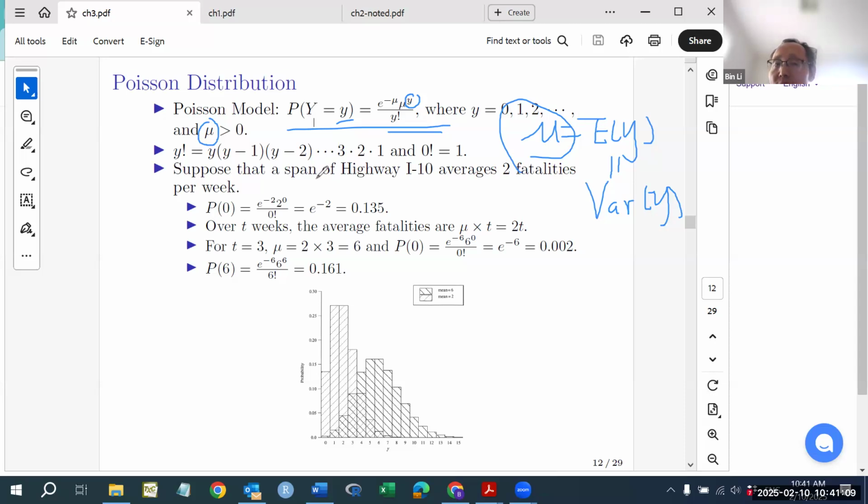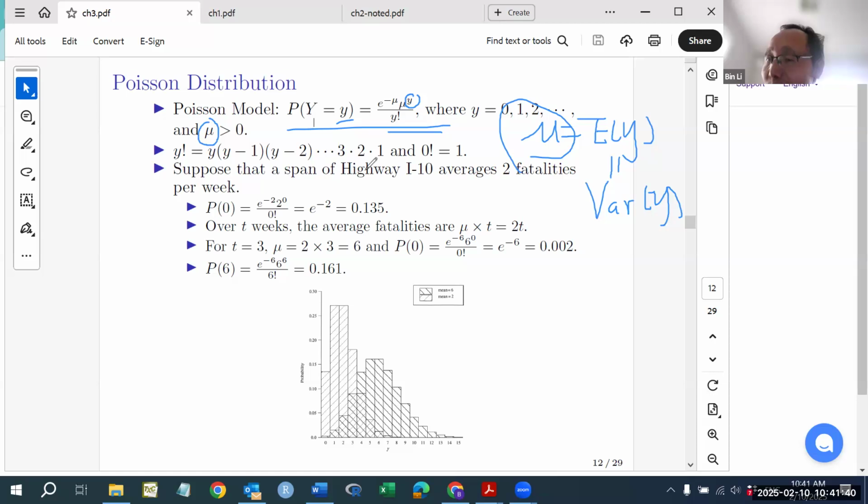Suppose at a particular part on highway I-10, we know the average fatal accident count is 2 per week. So we have 2 fatal accidents in that particular part of I-10 each week.